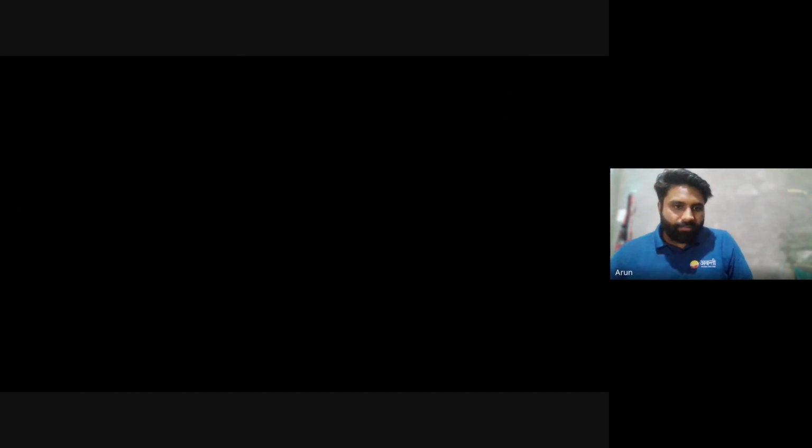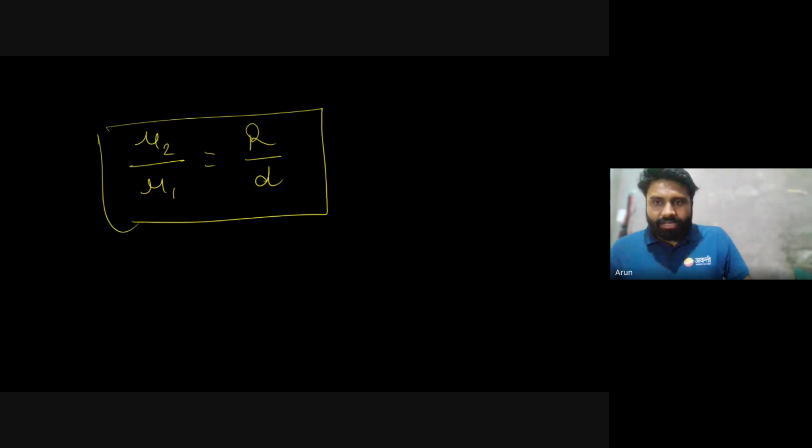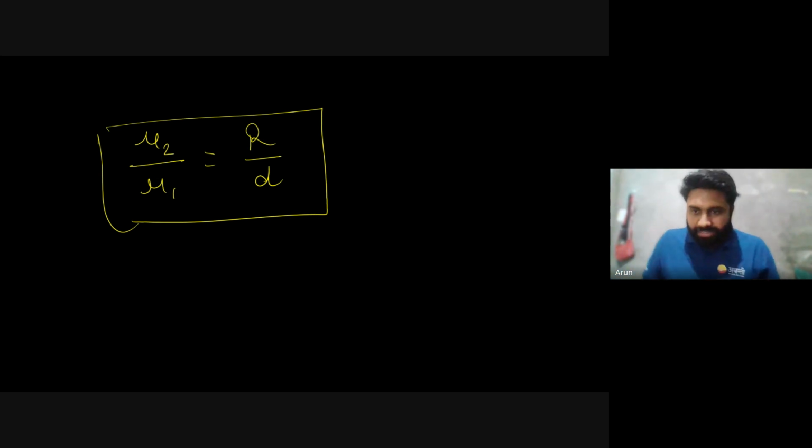This formula will look like this. Mu2 by mu1. Just note it from here. Real over apparent. Okay. In the next lecture, we will discuss most of the cases related to the real depth and apparent depth, velocity of fish and bird, okay, and total internal reflection.